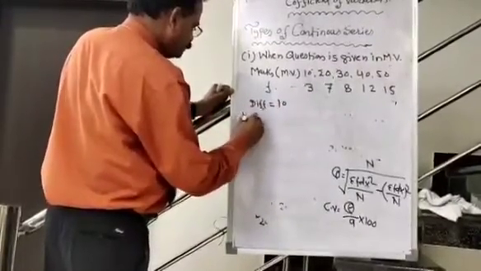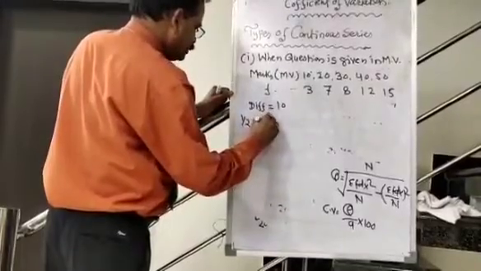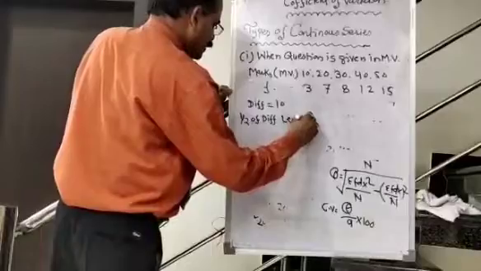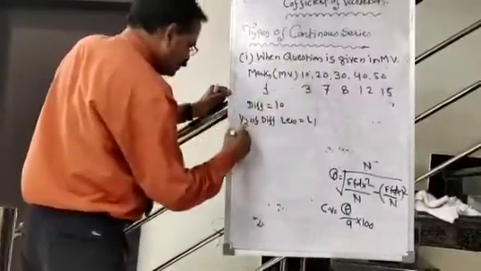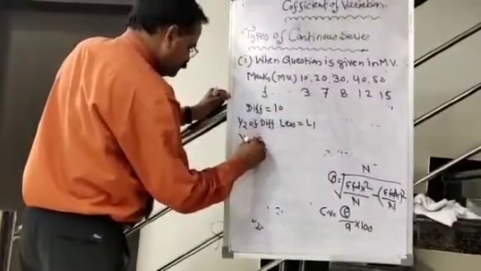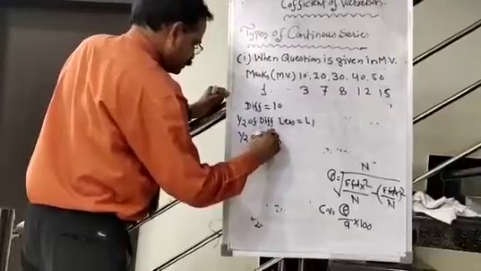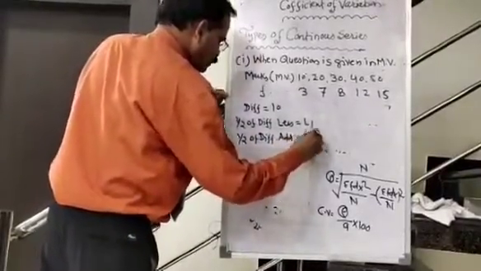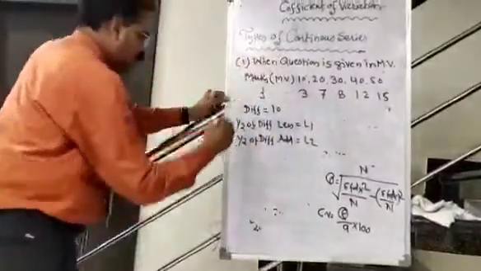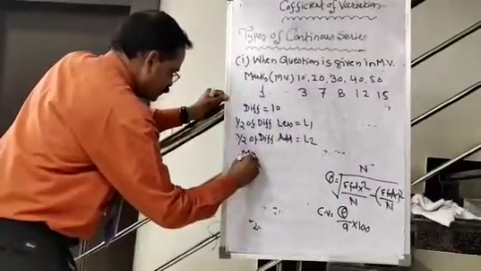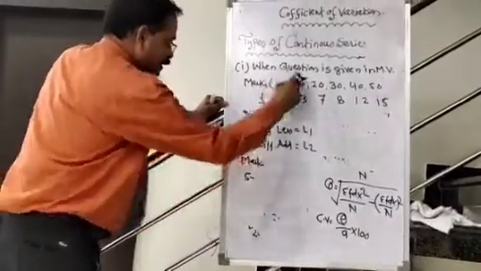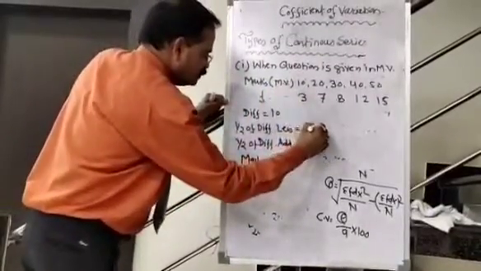Half of difference we should less from the item, so we should get L1. Half of difference if we should add in item, so we should get L2. See here, marks 10 minus 5 5, 10 plus 5, half of difference means 5 marks.